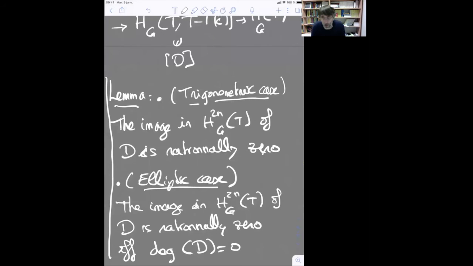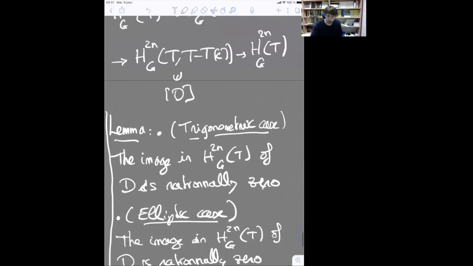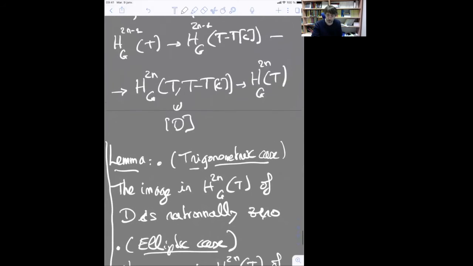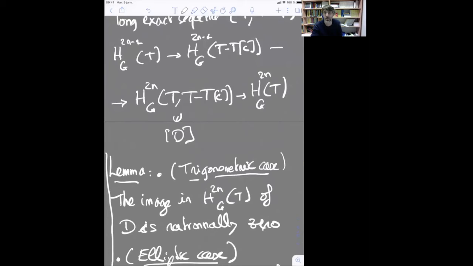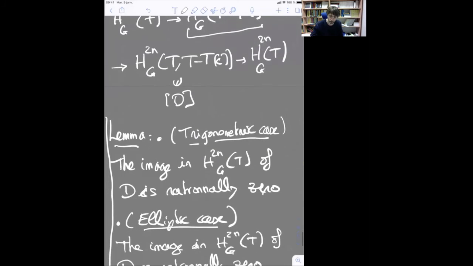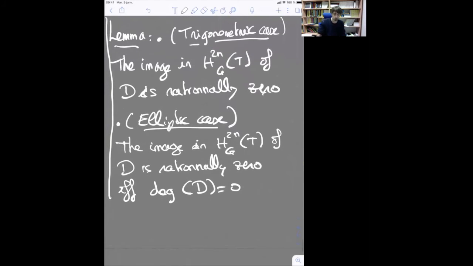So again, we are now considering another situation where the image of D is something like the Euler class, and we are asking ourselves the question, where is the Euler class 0? And if this is 0 here, then it means that we can lift the element D into some element in this group, which is the analog of what we have done when we have considered LG of 2n-1 of C minus 0. So those are the two statements of the lemma.